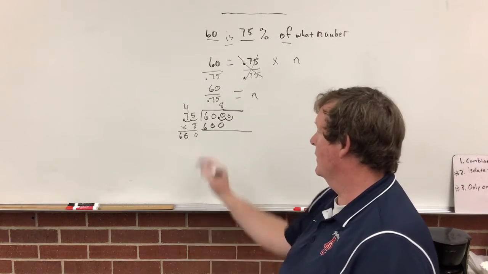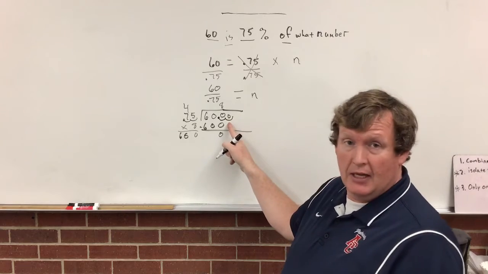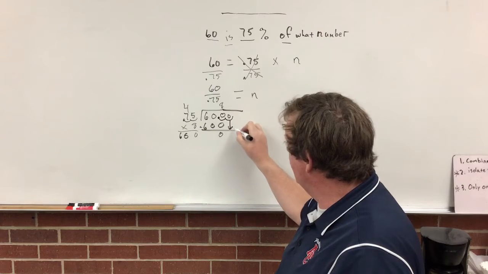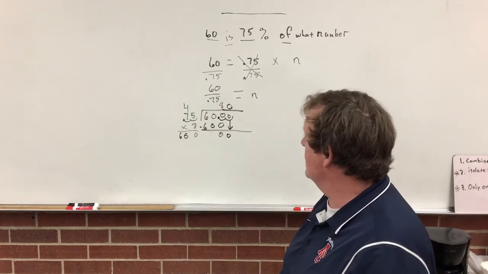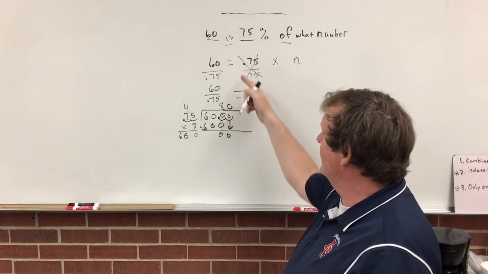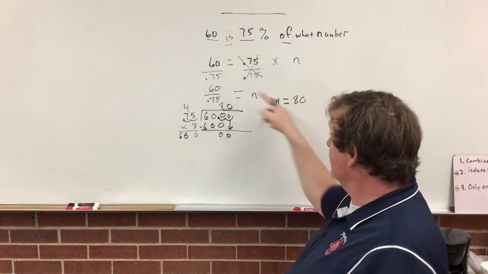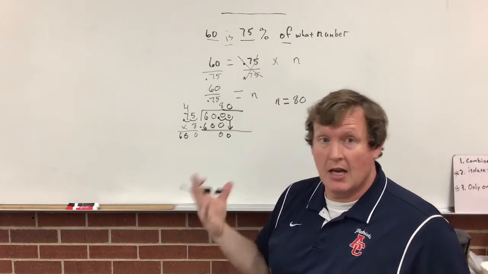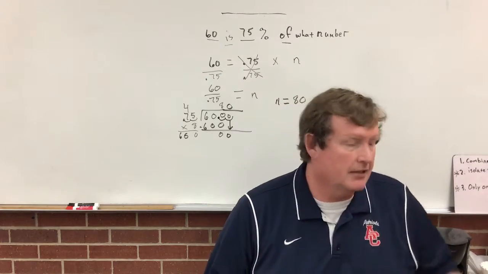Lucky me. So when I subtract, I get 0. Now, don't forget, if we haven't put a number underneath this, we still have to bring that 0 down. And we have to say 75 goes into 0 zero times. So my answer is 80. N equals 80. Like I said, a little bit larger than 60. That makes sense. Remember, I talked about having an intelligent answer, an answer that makes sense.